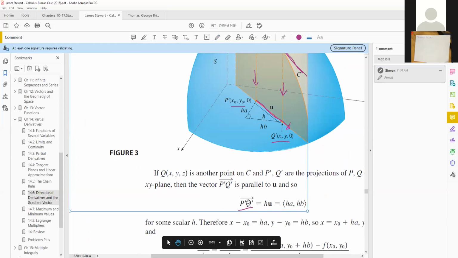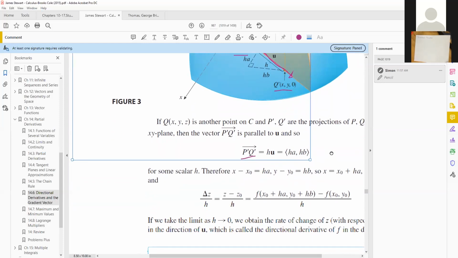So I need to find the expression for q prime p prime, and that's some constant h times u. Again, u just gives us the direction because it's a unit vector, and that gives us h times a, h times b as components of the vector, where a and b are components of the unit vector.